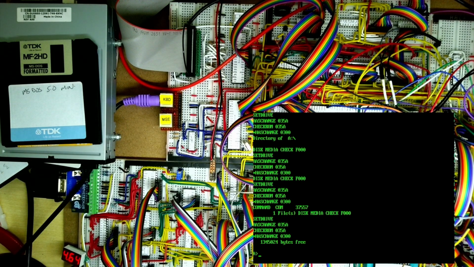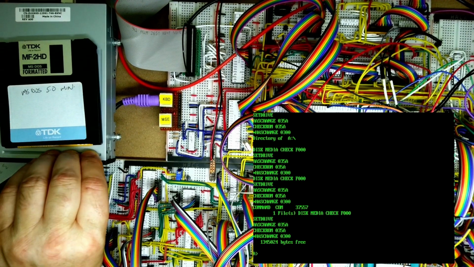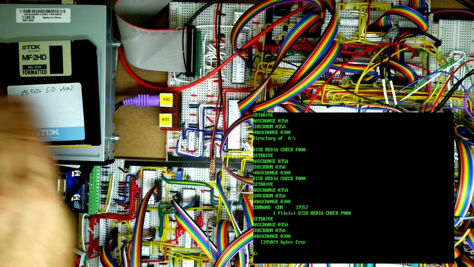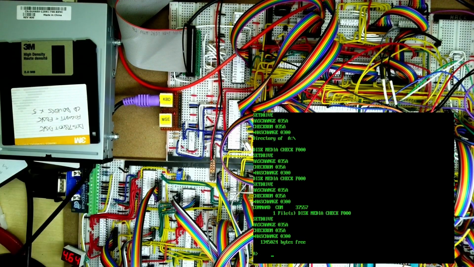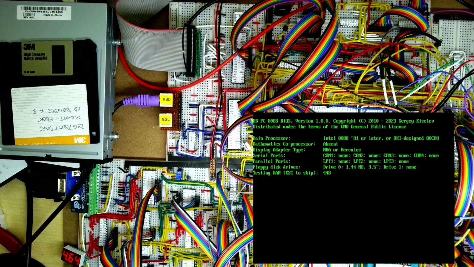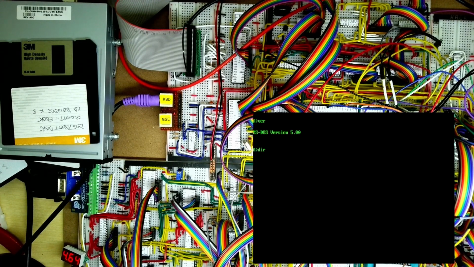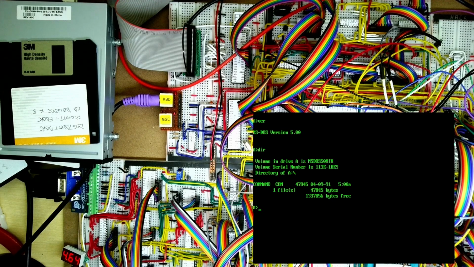So that's the 4.01 working. Let's try 5.0. Okay, so that's MS-DOS 5.